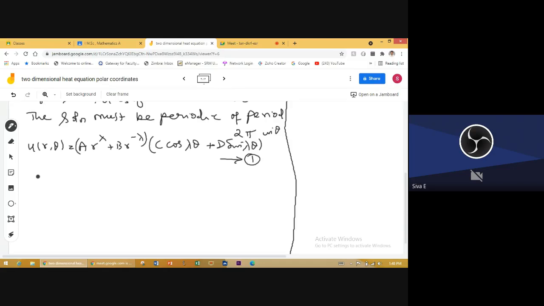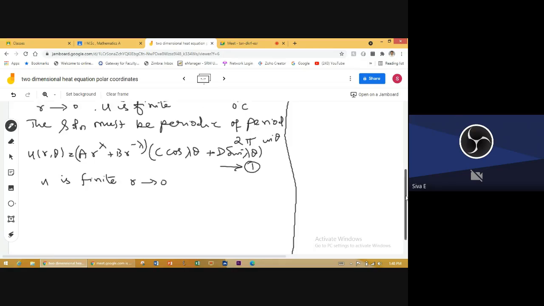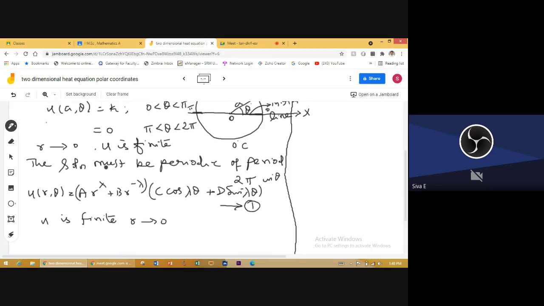Here already given that u is finite when r tends to 0. U is finite when r tends to 0, so here you can take that b equal to 0.